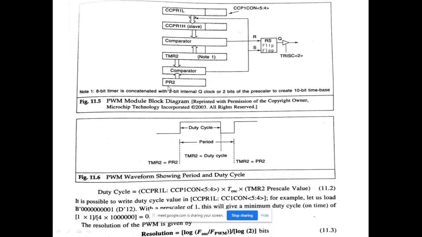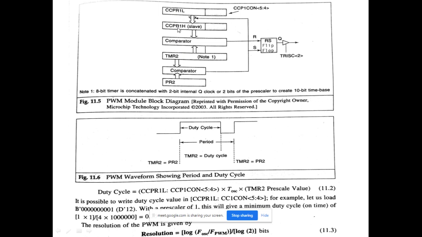And timer 2, as you know, is an 8-bit timer with a period register. That means it has an auto reload facility. So this is the block diagram of timer 2. Along with this, the CCP registers that are used are shown here.